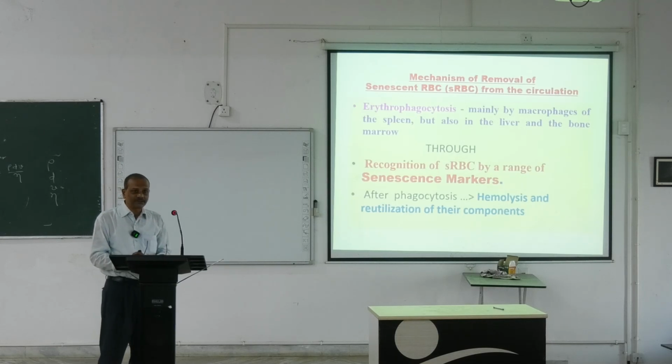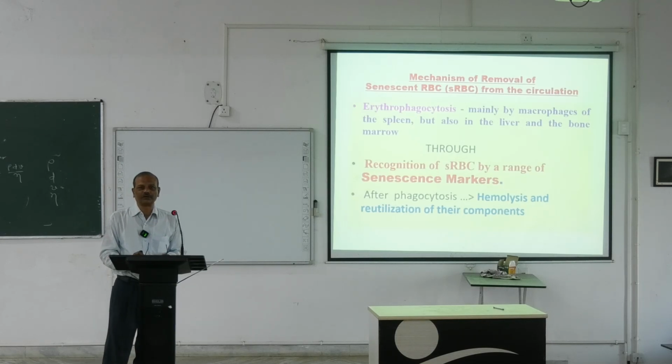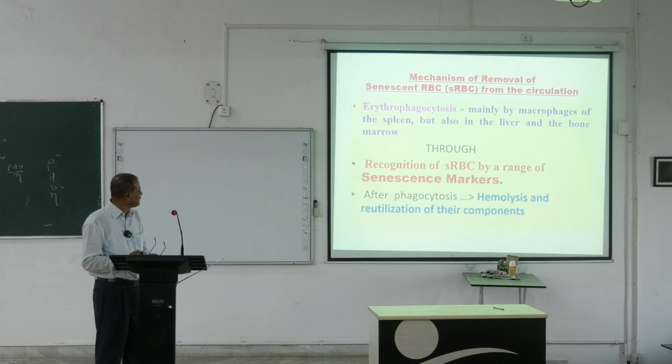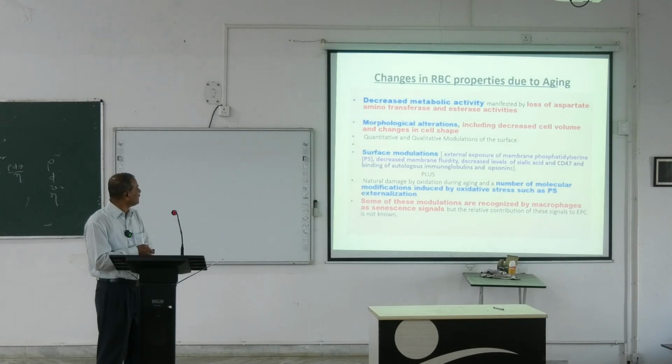How do they recognize it? Just like any aged person, by senescent markers. There are markers. So after phagocytosis, then hemolysis occurs. So these are the changes.